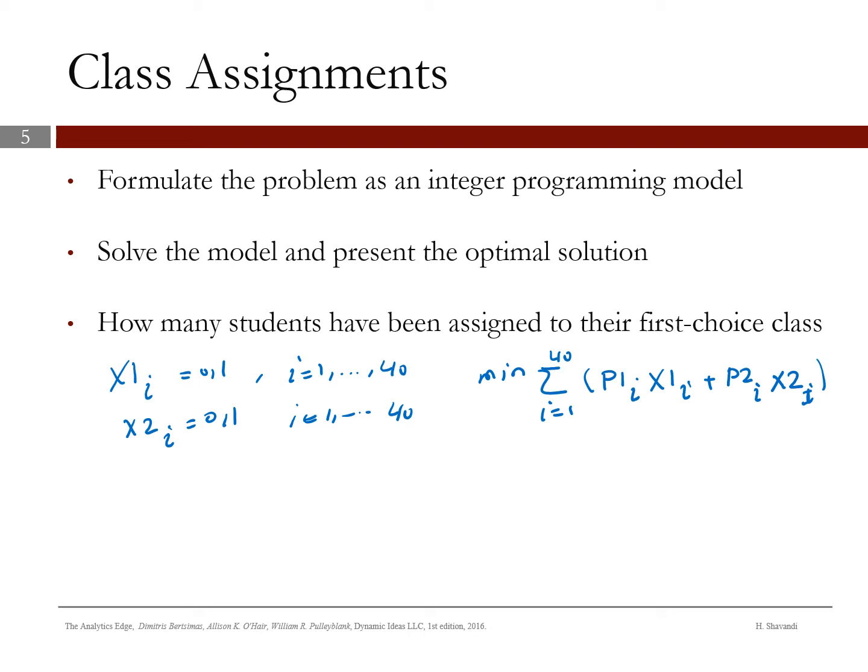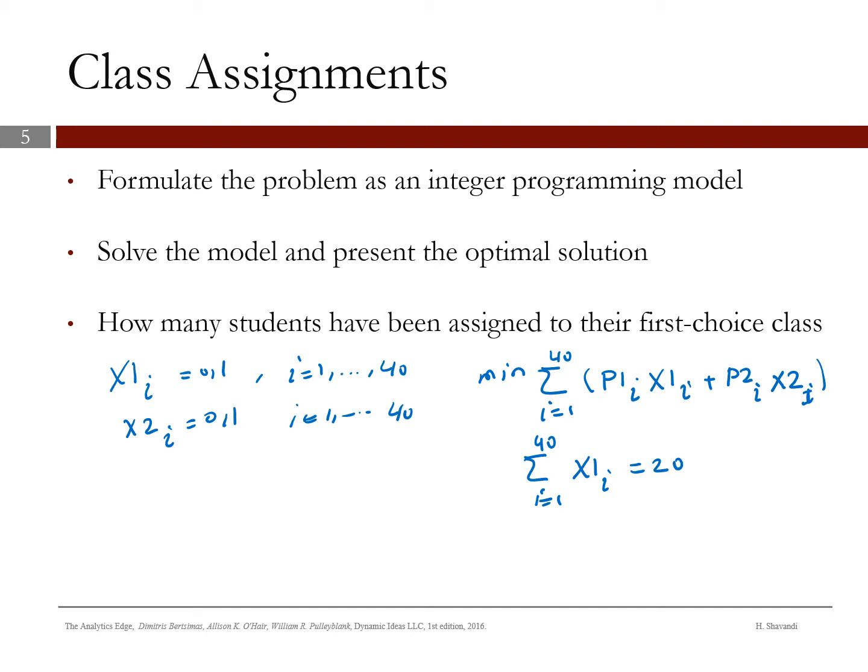We want to minimize that, and the constraints we would have here: since we want exactly 20 students in each class, for class 1, with i going from 1 to 40, the sum of x1i should be equal to 20, okay?